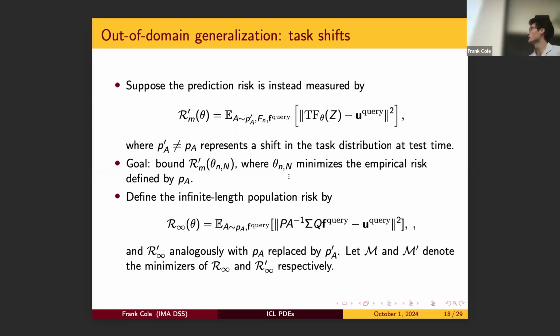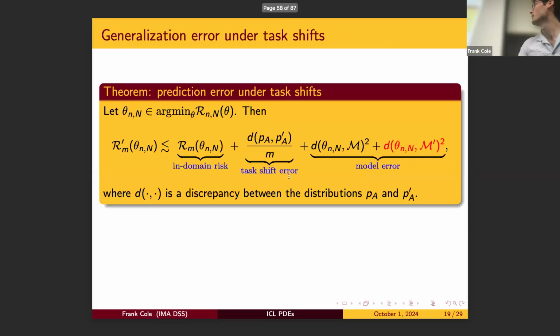So that's what we do here. And so we use this to give a pretty abstract-looking theorem that quantifies the prediction error under task shifts.